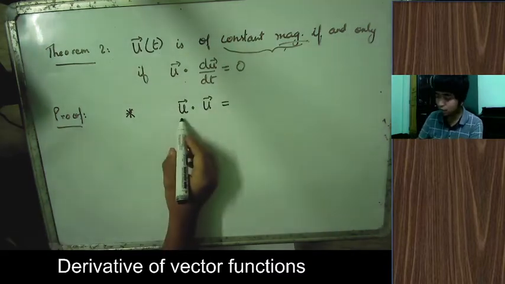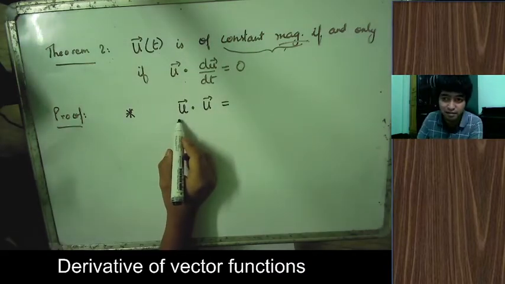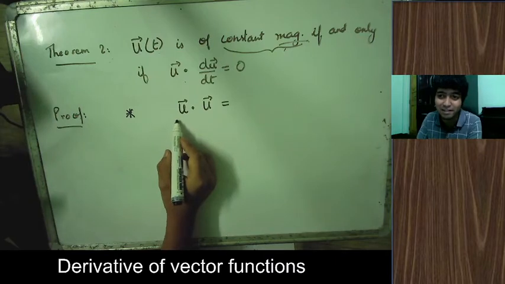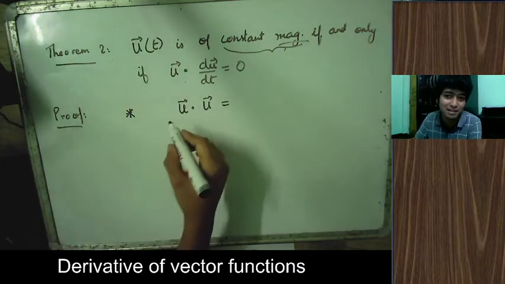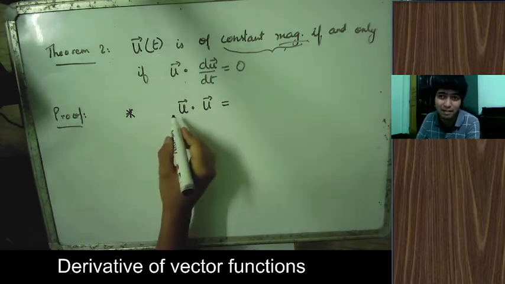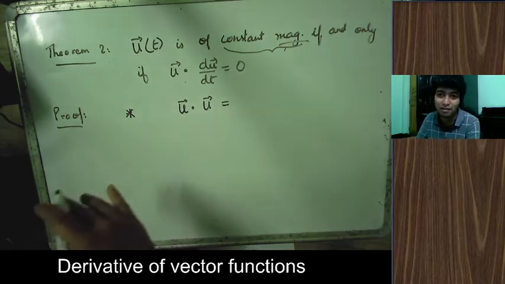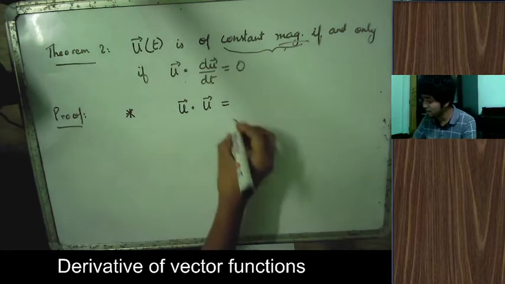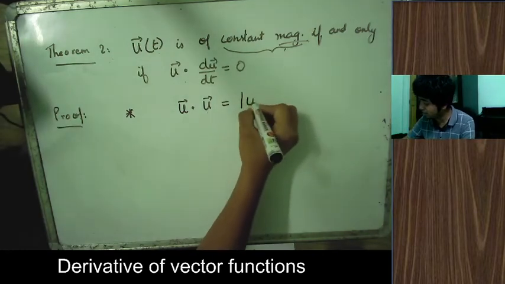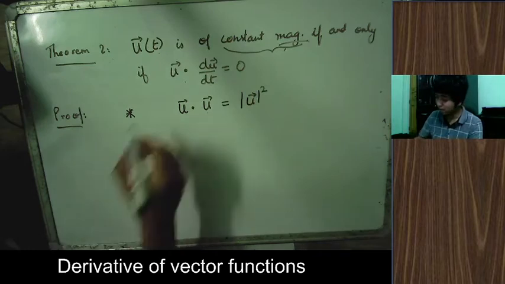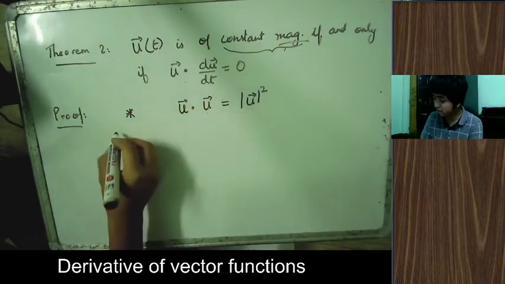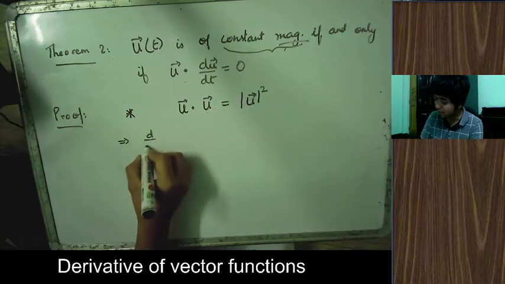Just remember that u is not an ordinary vector. It depends on the scalar t, but for simplicity, we can write it simply as u. u dot u you can write as magnitude of u squared. Now we can differentiate both sides with respect to t.